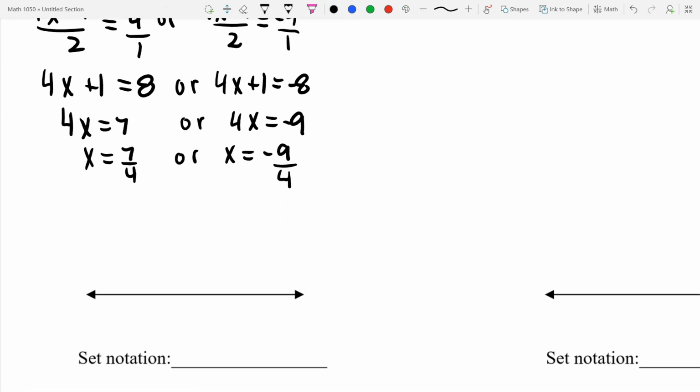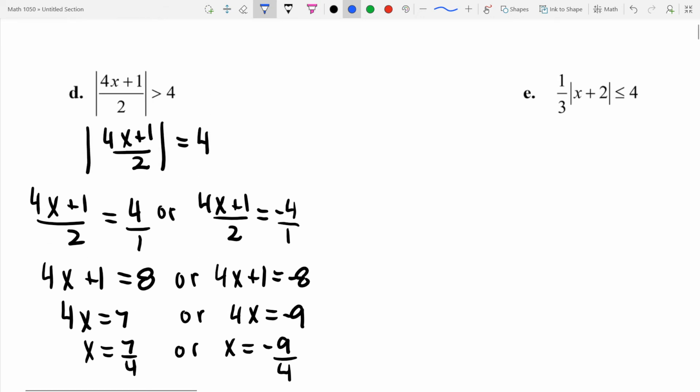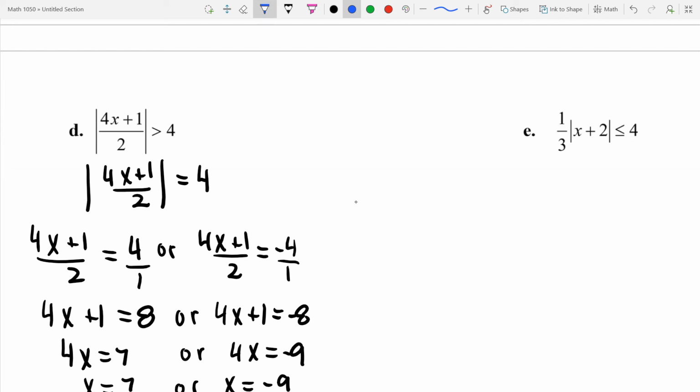Do that number line, right? I'm going to do it right on this one. -9/4 on the left, 7/4 on the right. It is no equal sign, so it's going to be open. I have a little trick for you. You want a trick? Instead of testing, I'm kind of afraid to tell you, this is where my students would mess up.